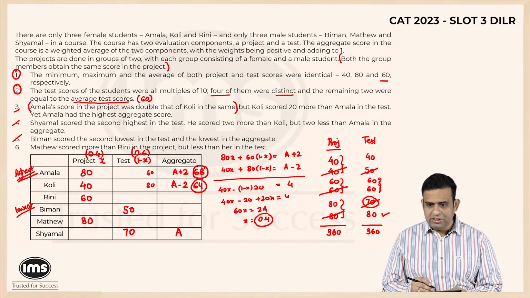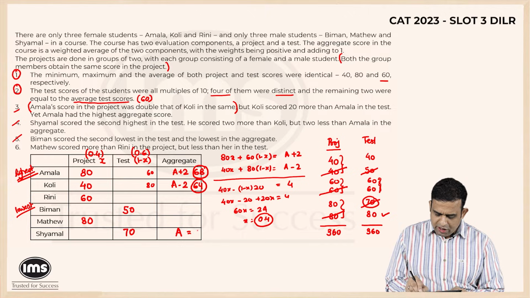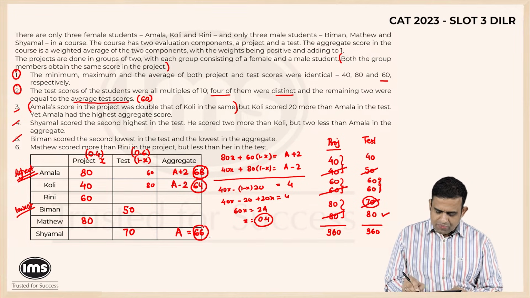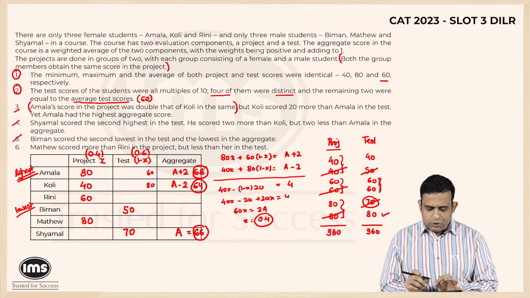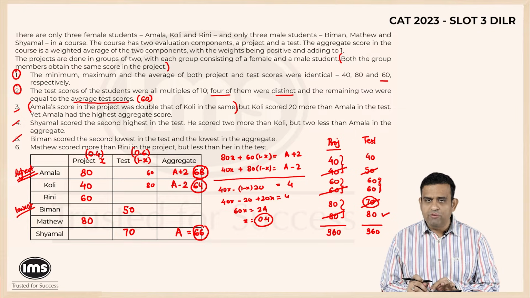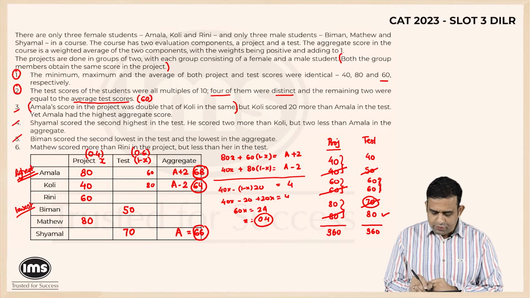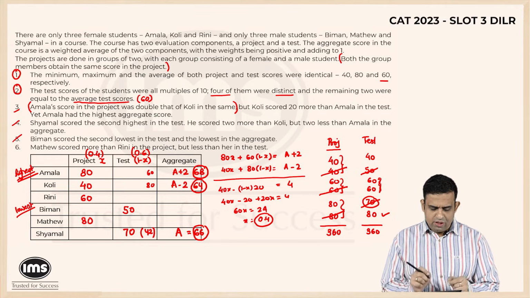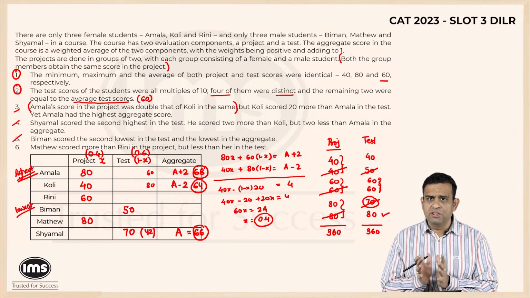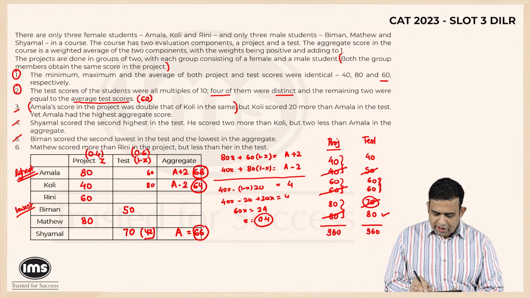If A plus 2 is 68, then this has to be equal to 66. Now, the weighted score in the test must be equal to 42. 70 into 0.6 will give you 42. So please note here, I am not using the angle of lowest score by Biman, I am using common sense. So the weighted score here is 42.